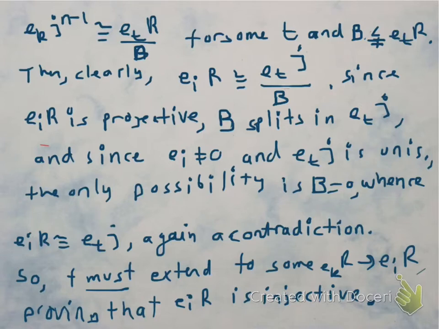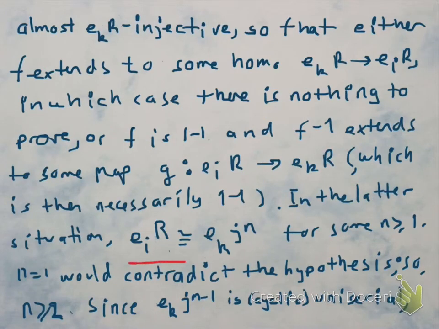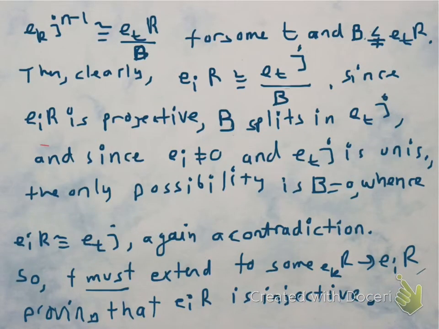Now, because of this isomorphism that was assumed, EKJ to the n is non-zero, which makes B proper.